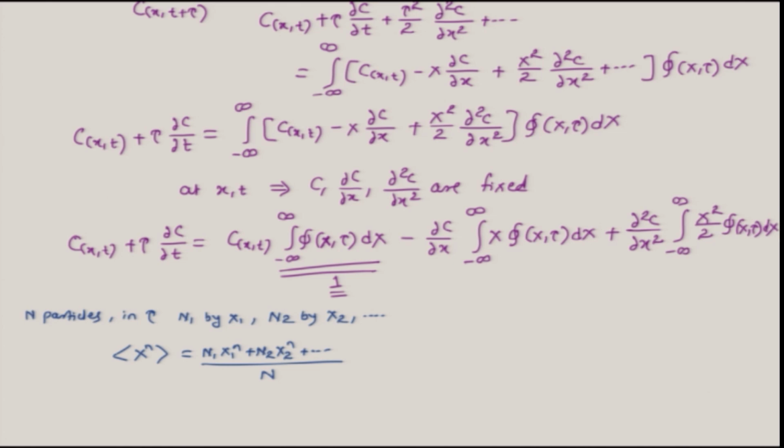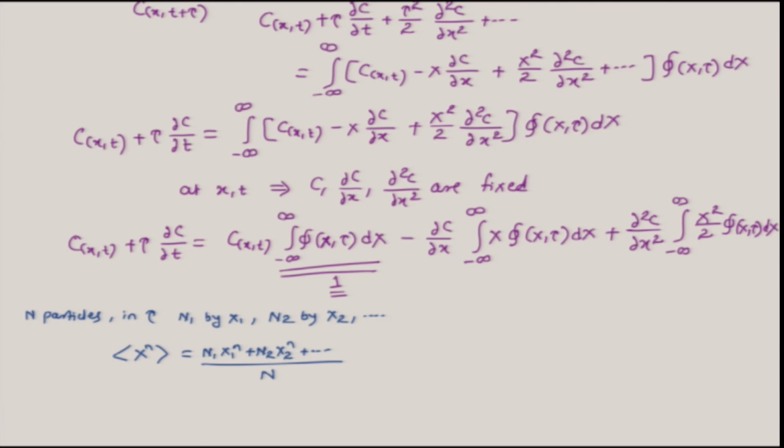Now, if we consider this term n1 by n, what is this? It is the fraction of particles which have increased their x coordinate by x1. In other words, it is the probability that a particle has increased its x coordinate by x1 in small time interval tau, right.